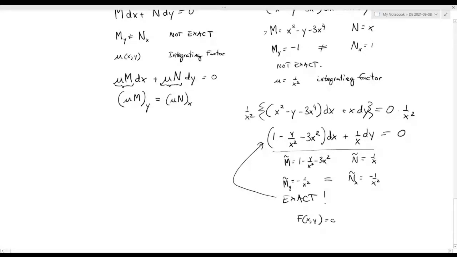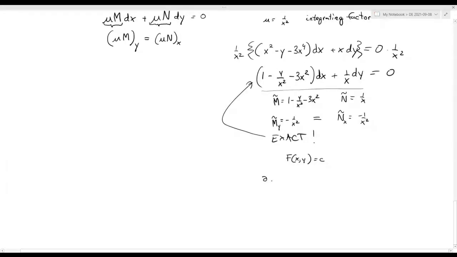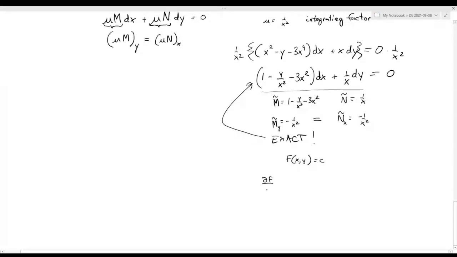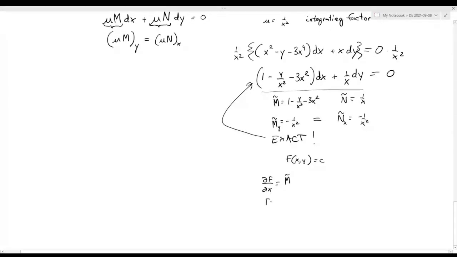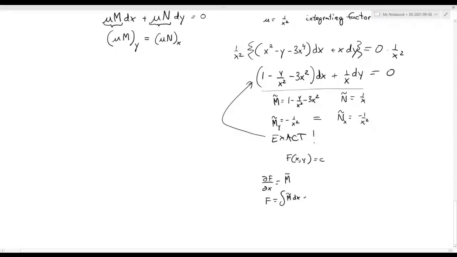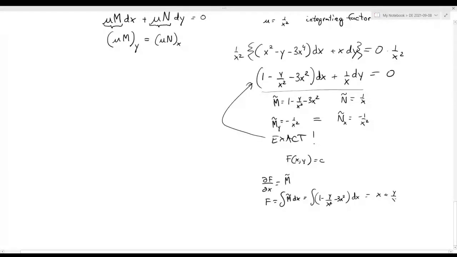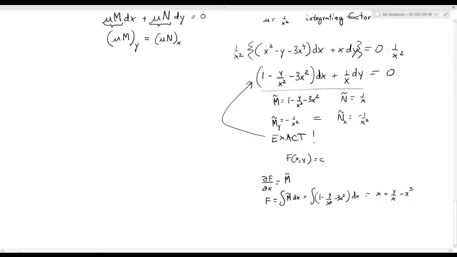And if we set that equal to a constant, that's going to give us a level curve representing a solution curve to the differential equation. The derivative of this big F with respect to x is the m, or in our case, the m tilde. So we can recover big F by anti-differentiating with respect to x. Okay, so that's x plus y over x minus x cubed.